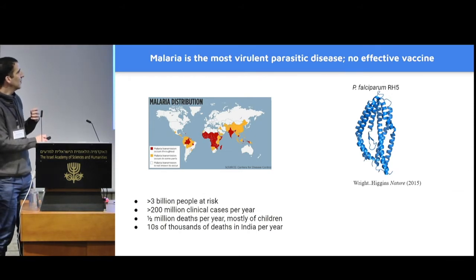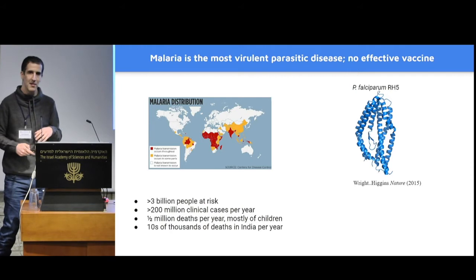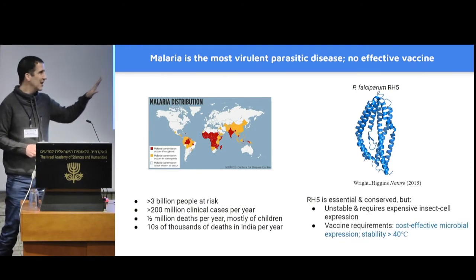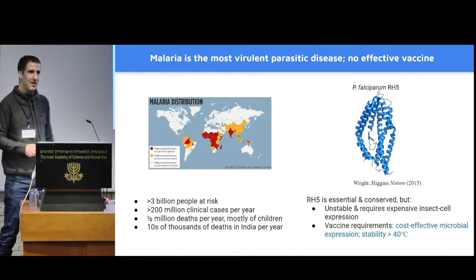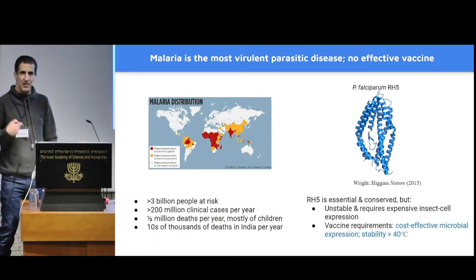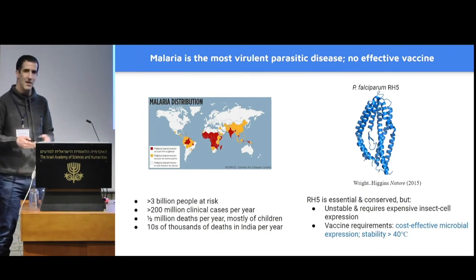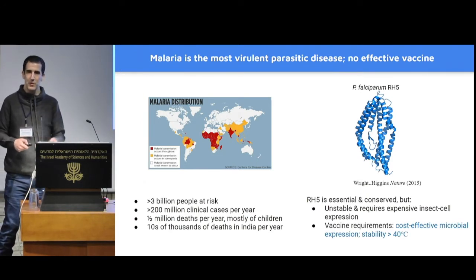This is a structure of RH5 as solved by Matt Higgins of Oxford University. So again, it's a very promising vaccine candidate, but like many other proteins from parasites and other pathogens, it's very difficult to work with. It degrades at about 40 degrees Celsius, and it can only be produced in very expensive insect cell cultures.